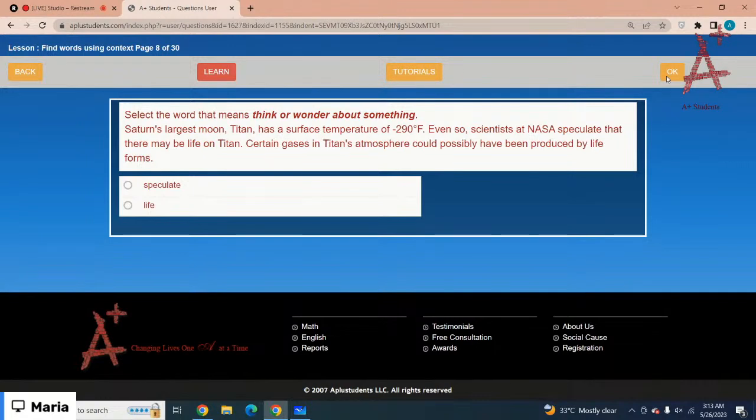So, which word means think or wonder about something?